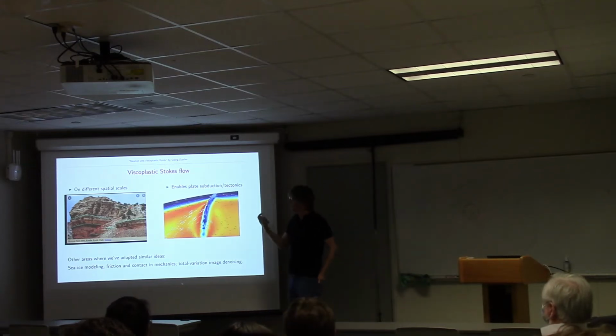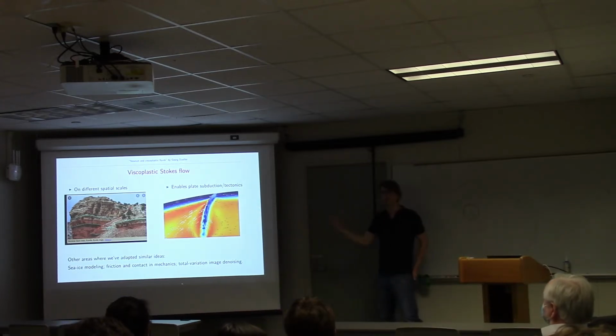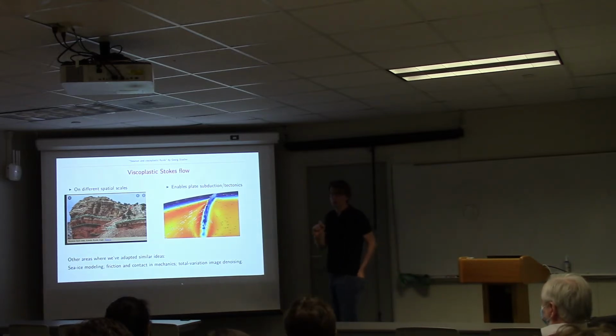If you don't have this plastic behavior in your model, you will not get any of this. And if we didn't have this, we wouldn't have plate tectonics on Earth. We wouldn't have earthquakes, we wouldn't have any of this kind of stuff. So it's something very specific that our Earth does. I'm not sure if any other planet does something similar to plate tectonics.